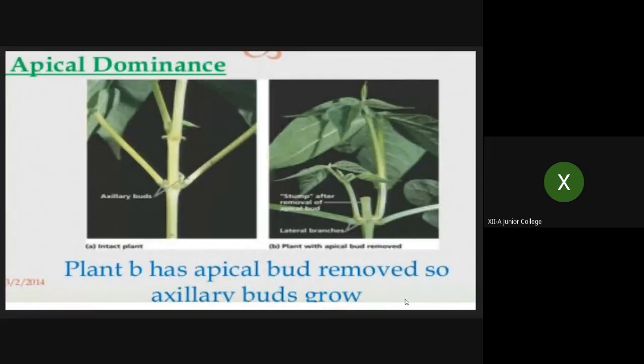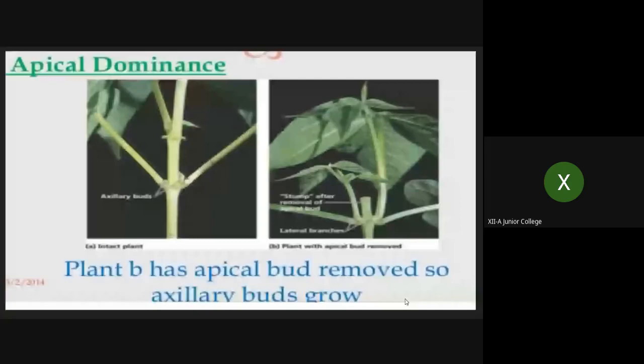So when the apical bud is removed, the lateral branches grow, giving a bushy appearance. That's why in the gardens you can see these different shaped structures are made. That is not the only reason, but when the apical part is cut and removed, it gives the bushy appearance. That is the reason.